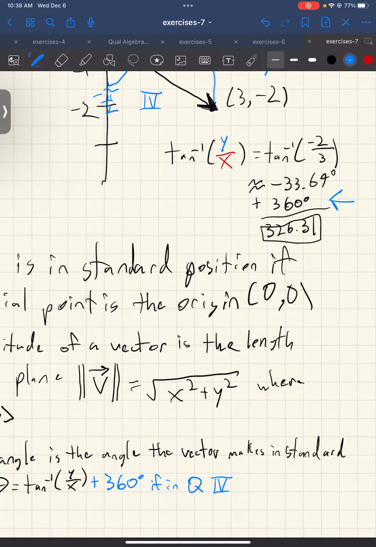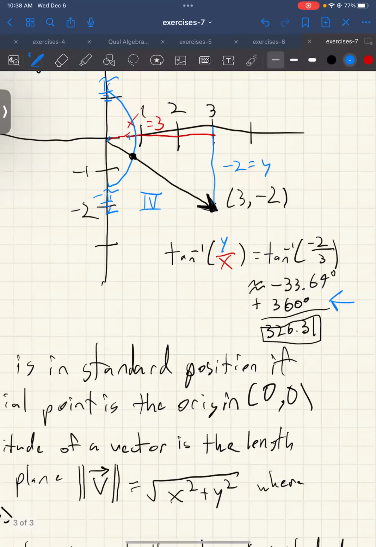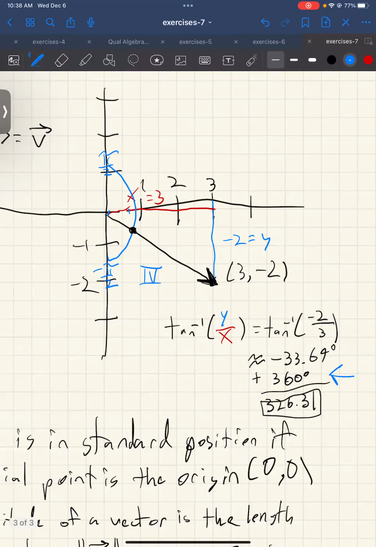But again, tangent inverse only gives us angles from minus pi over 2 to pi over 2. What would we have needed to do if we were on the left side of the unit circle? So let's say I had a vector over here, and I wanted to find its direction angle.